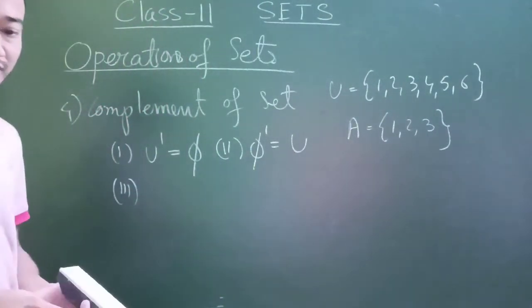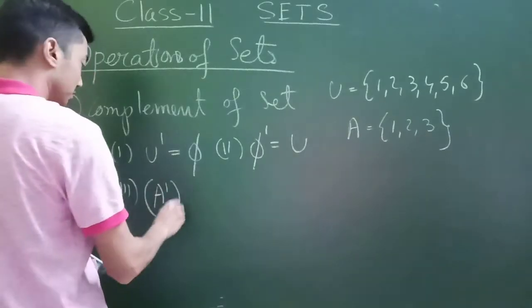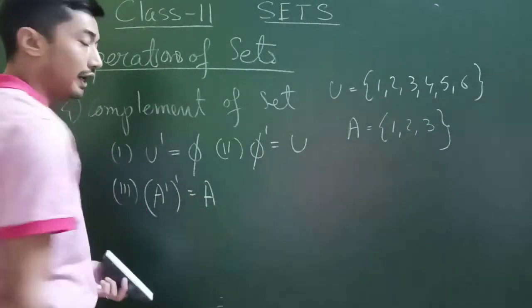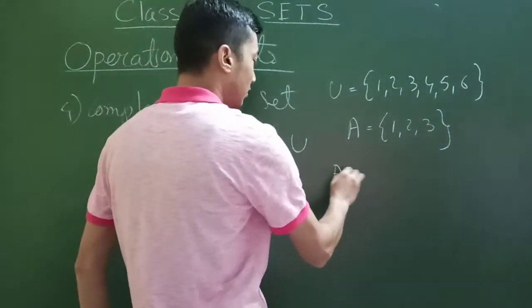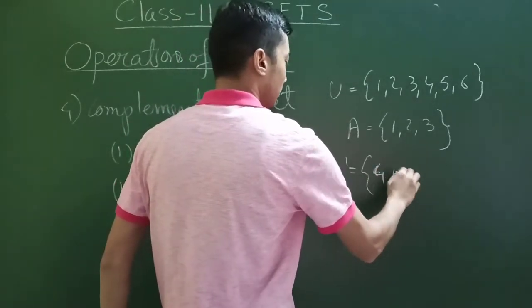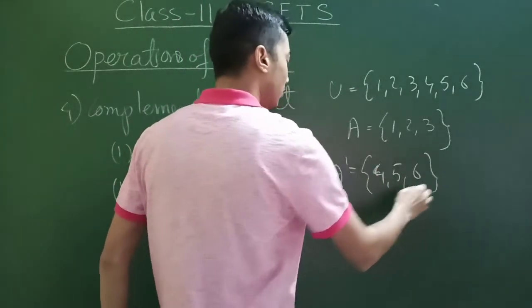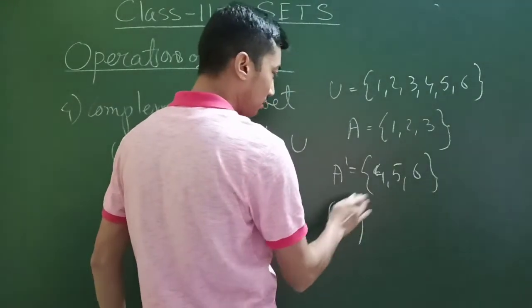The third one is complement of a complement will be A. Now what do you mean by this? Let's prove. What was A complement? 4, 5, 6. Fine. Let's get the complement of this set again.